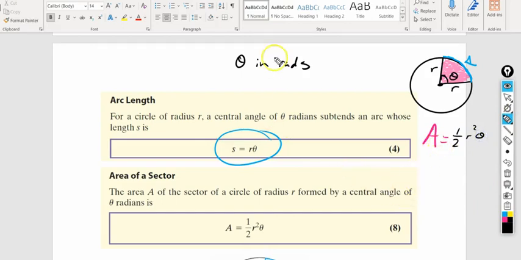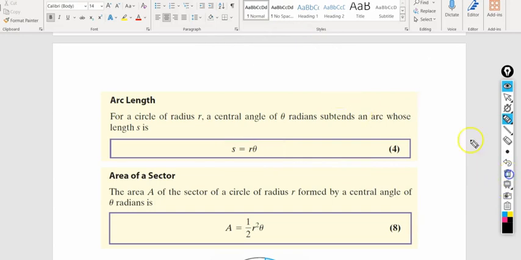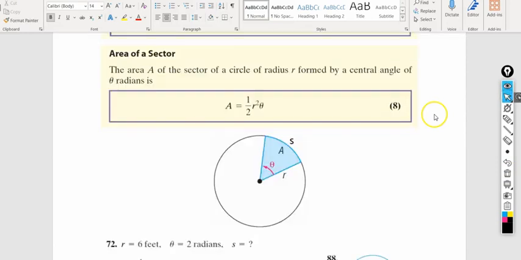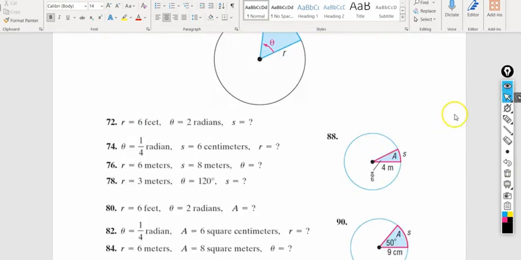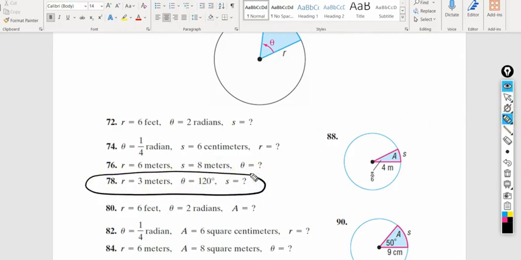But again, theta must be in radians. Has to be in radians. Okay. So let's have a look at some of these. Let's look at that one.